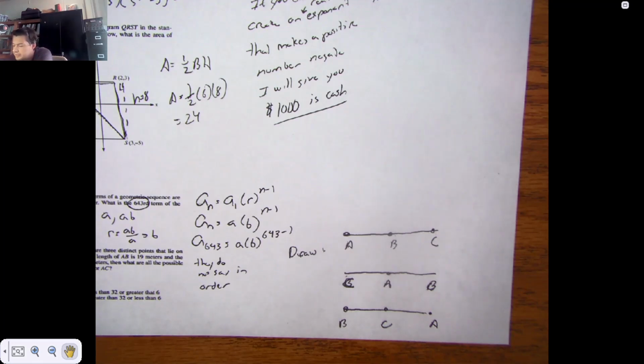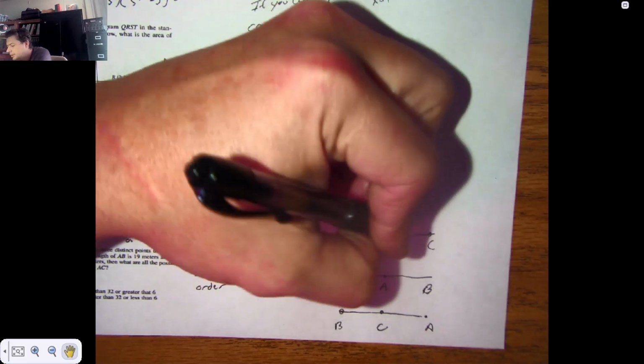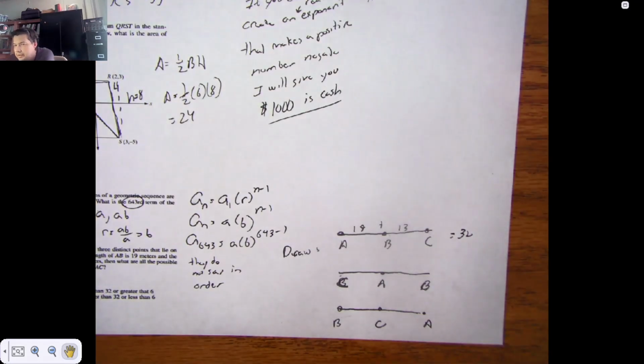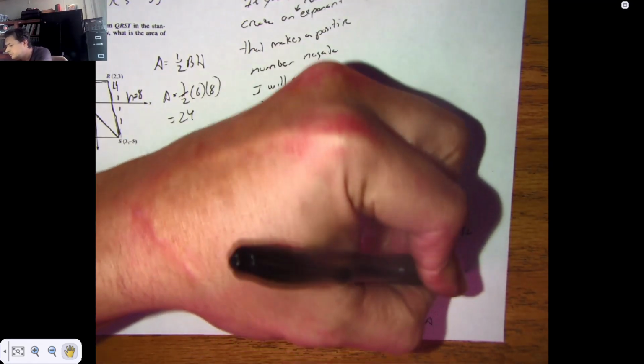Then I'm going to throw on what they tell me. They tell me that A to B is 19 and B to C is 13. Well, if you add those together, that's 32. And they're hoping that's the only one you pick. They're hoping you weren't thinking about things could be drawn not in any particular order. Next up, they tell me that A to B is 19 and again, B to C is 13. This is nonsense.